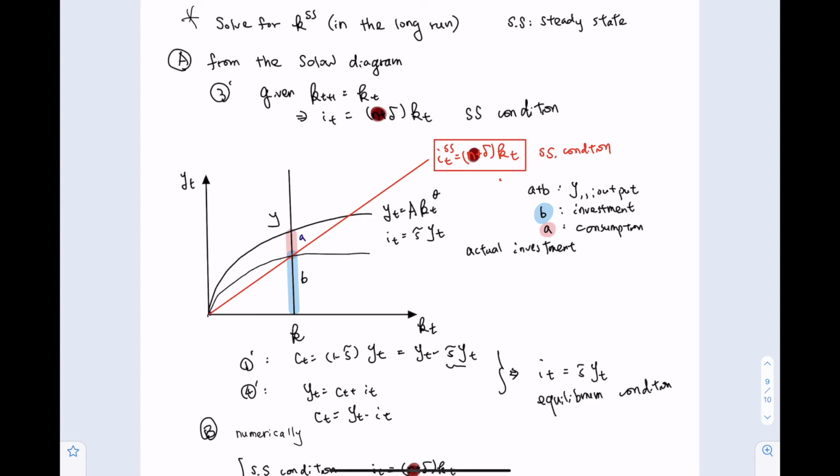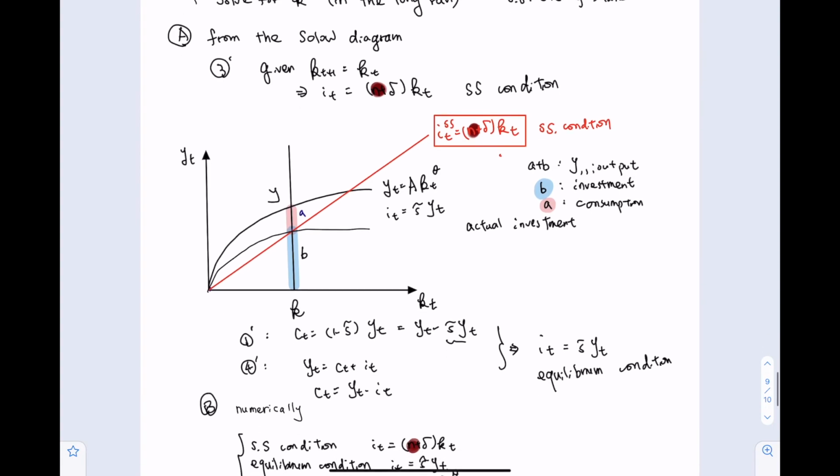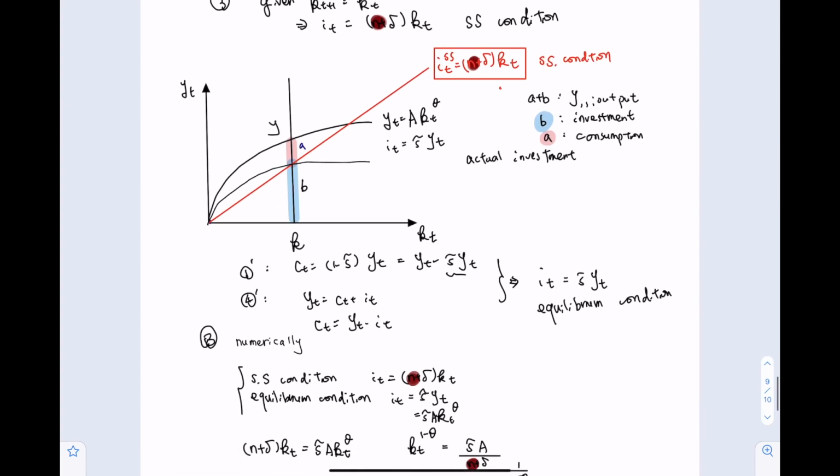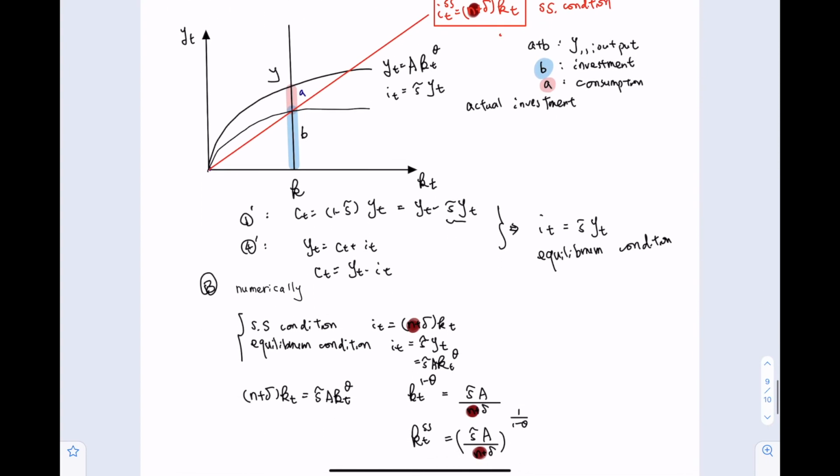And then we also say that we can solve for the steady state numerically. When solving the steady state numerically, we focus on the steady state condition and the equilibrium condition. And then the only difference of this special case versus our earlier one is that now we don't have n, so we cross out the n. So in the steady state condition, i t equals delta k, and the equilibrium condition remains the same.